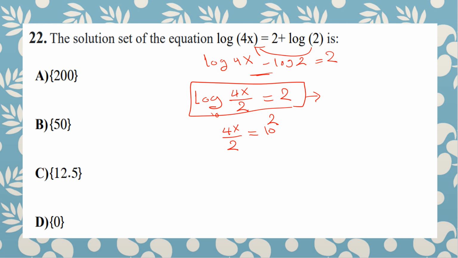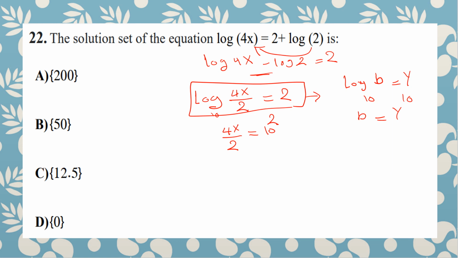In this case we can use the property that says if you have log to the base 10 of any term b equals y, this means b equals 10 to the power y.